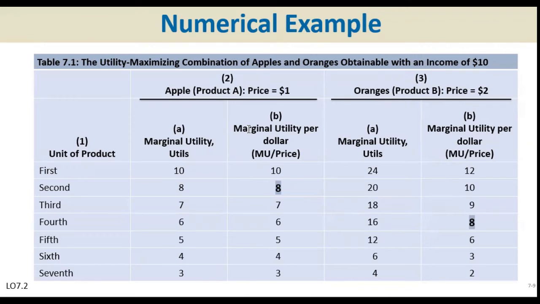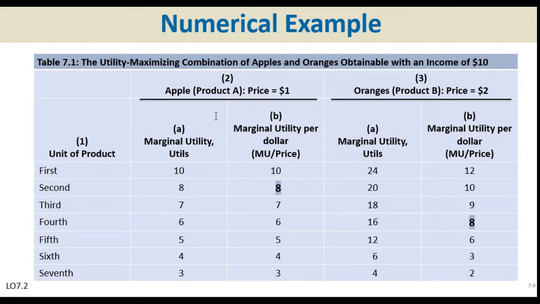So when you want to determine whether to buy apples or oranges, you compare the marginal utility per dollar, because you can see that the price of apples is different from the price of oranges. The consumer is going to make a choice by allocating their income so as to maximize utility.